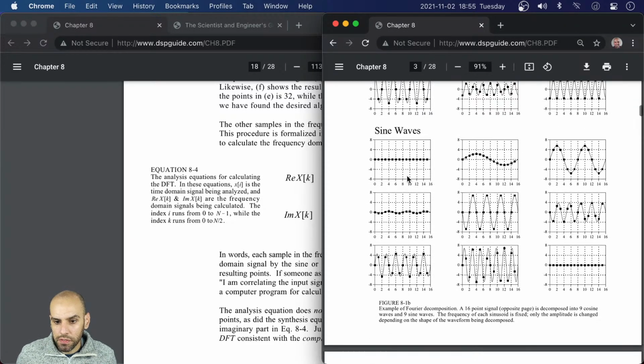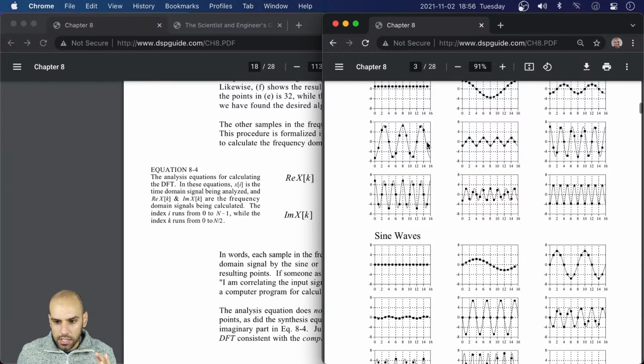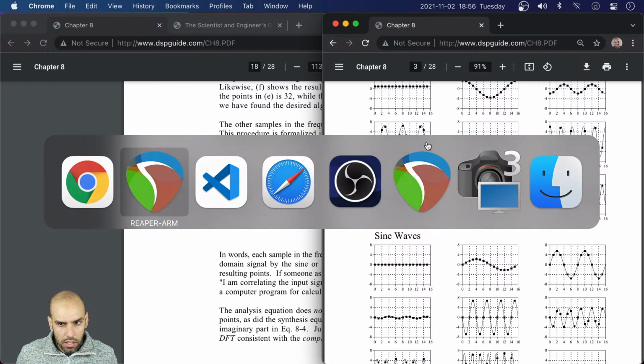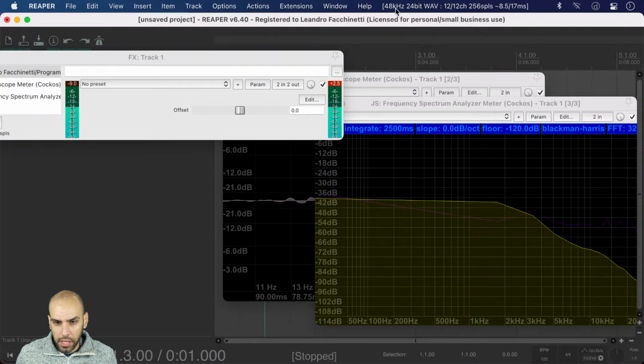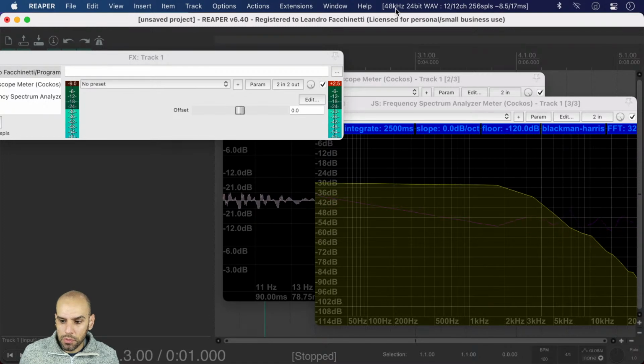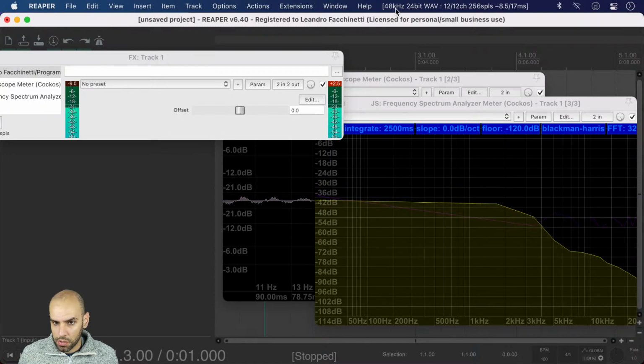And the same is true of the sine wave at half of the sampling frequency. Okay, so I didn't actually exactly talk about this, but using discrete signals, you can only represent so much. And there is this theorem called the Shannon-Nyquist theorem, and it says that if you have a sampling rate of, for instance, 48,000 hertz, as is my case here, I can only represent frequencies up to 24 kilohertz.